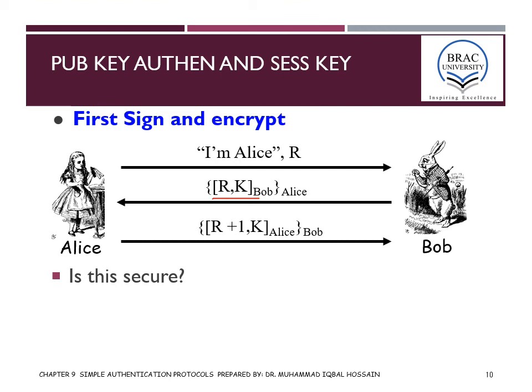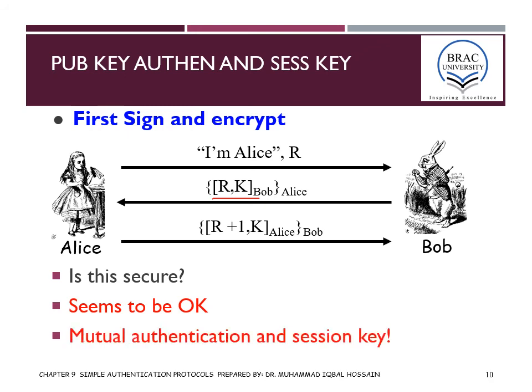So is this secure? Yes, because we are using encryption here. No one can break it, because to break this one you need Alice's private key, or to break this part you will need Bob's private key. That is not possible, so it is secure. And mutual authentication is also okay, right?